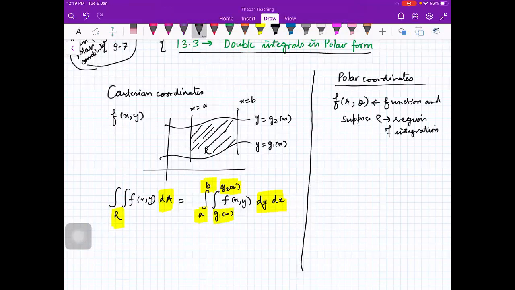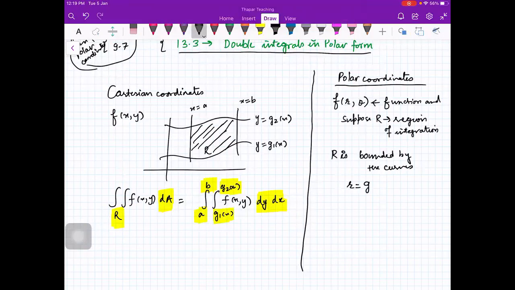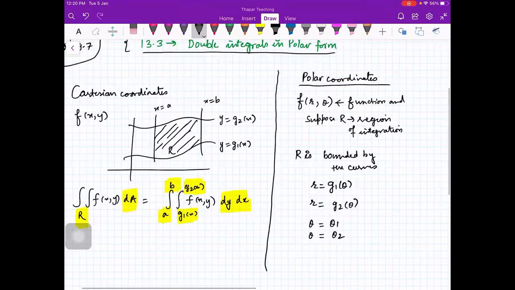R is bounded by the curves. Curves in polar coordinates will look like r = g1(theta), then r = g2(theta), and then theta from theta 1 to theta 2. So how will the region look?